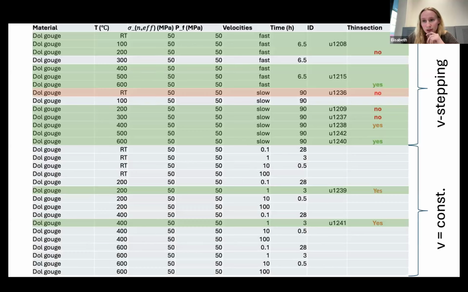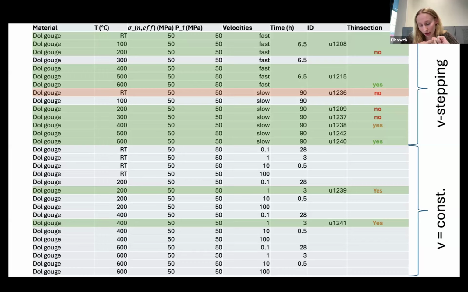Here I have a slide with my experimental plan, and I marked the experiments that I already did in green. I divided them into velocity stepping experiments and constant velocity experiments. The velocity stepping experiments are for obtaining the strength of the material and the frictional parameters.